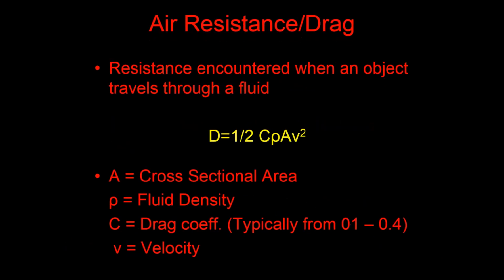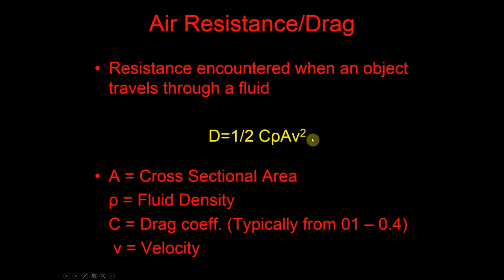And the resistance that's encountered when an object moves through a fluid is given by this particular formula. The drag, D, is going to be equal to 1/2 C rho A v squared. A is the cross-sectional area of your object. Rho is the fluid density, or the density of air for the situations we've looked at. C, now this is why we haven't put this in here, is a drag coefficient, typically from 0.1 to 0.4 for most objects.